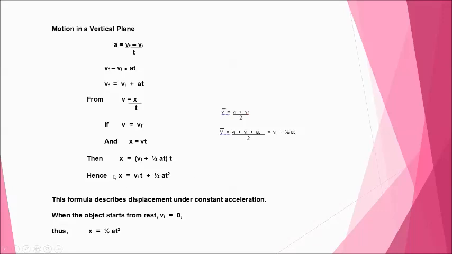Alright? So now this equation, x equals v sub i t plus 1/2 a t squared, is a formula that describes displacement under constant acceleration. Let me explain that further. Pag sinabing constant acceleration, class, it is the acceleration at a certain point of time, kasi mineasure natin yung change from initial to final, and then yun yung mineasure natin ng time.